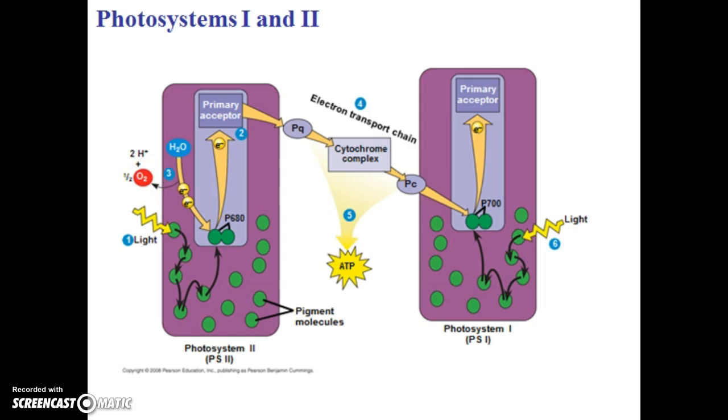Lucky us. The primary electron acceptor here will carry an electron, so the electron essentially falls, as you can see, down an electron transport chain from the primary electron acceptor of photosystem 2 down to photosystem 1.